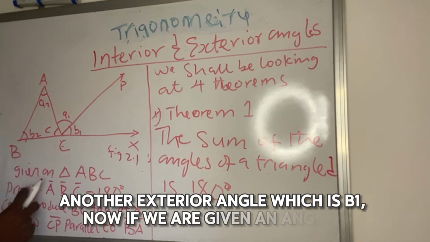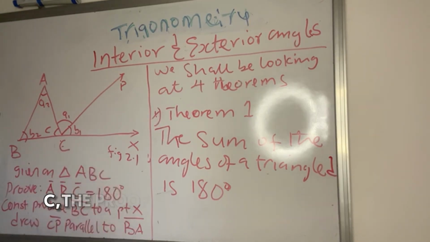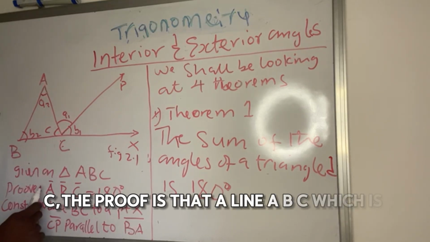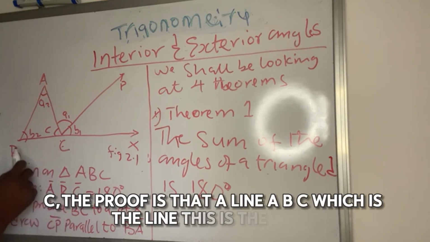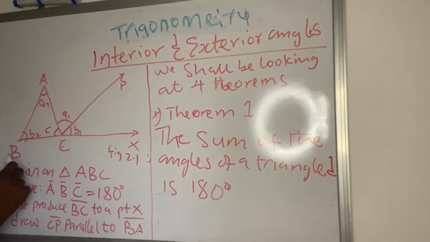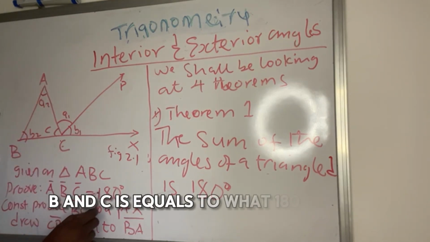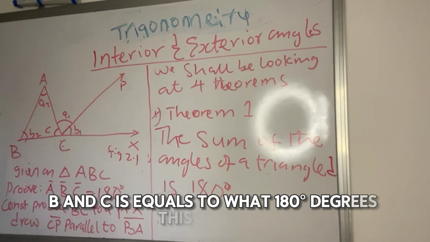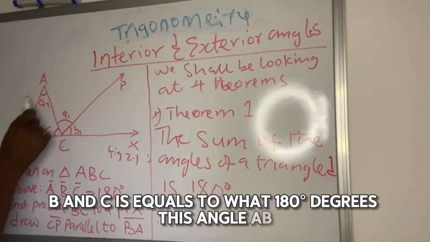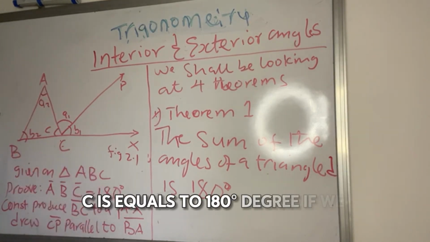Now, if we are given the triangle ABC, the proof is that the angles A, B and C sum to what? 180 degrees.